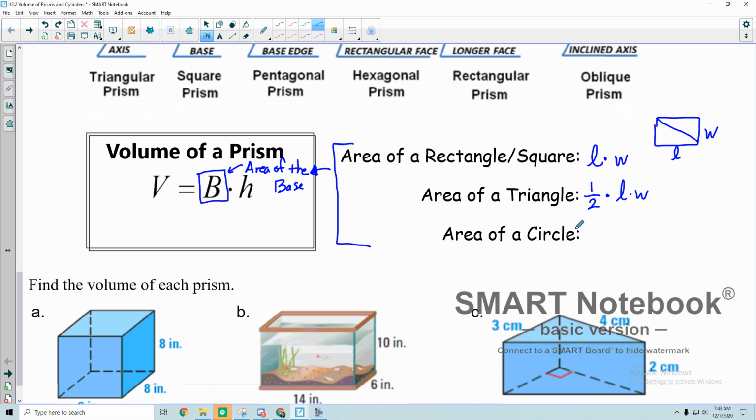Lastly, if we were working with a cylinder like in the last video, we would do pi times the radius squared. We're not going to be using this formula today because we're not focusing on cylinders. For us, we're just going to see if it's a rectangle or square, or if it's a triangle. That'll tell us which part we're going to plug in for B.